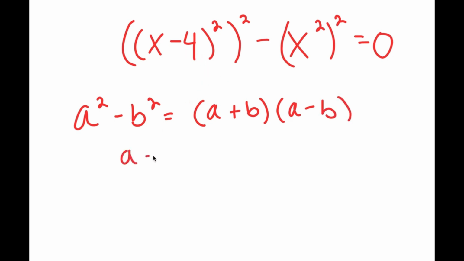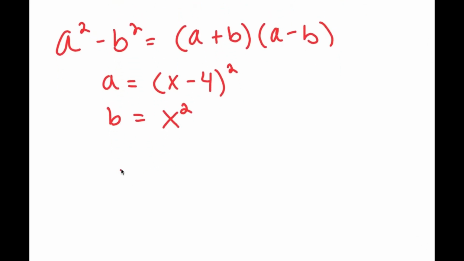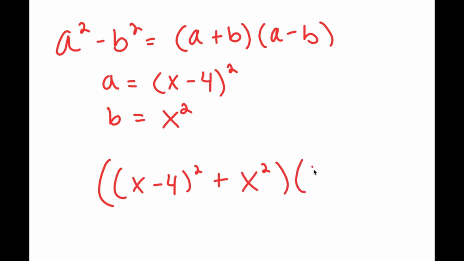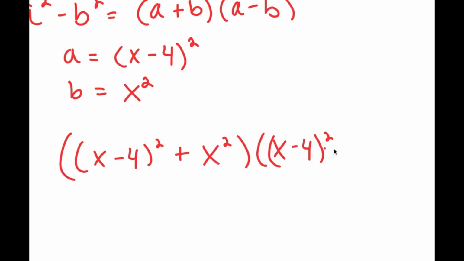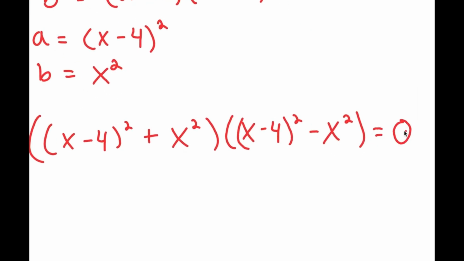In this case, a is (x − 4)^2 and b is x^2. So this turns into ((x − 4)^2 + x^2)((x − 4)^2 − x^2) = 0.